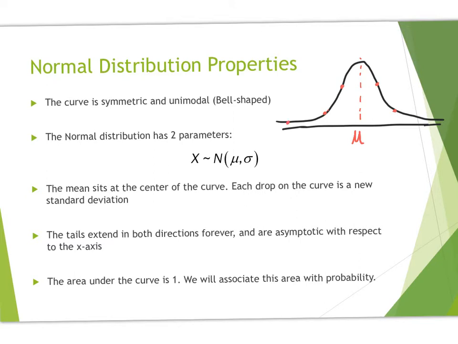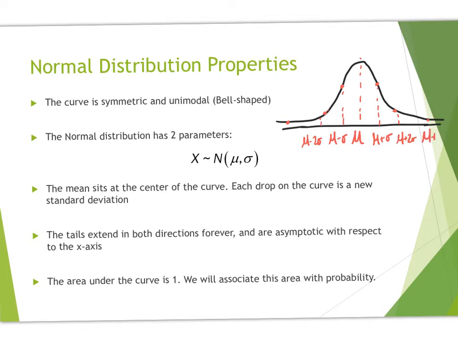Where the curve is supposed to drop towards the x-axis down here, those are going to be standard deviations. So from here to here, for instance, is 1 sigma in both directions. So this is mu plus sigma. This is mu minus sigma. Here is mu minus 2 sigma. Here is mu plus 2 sigma.